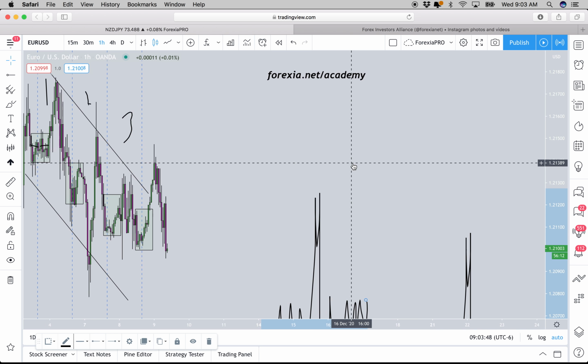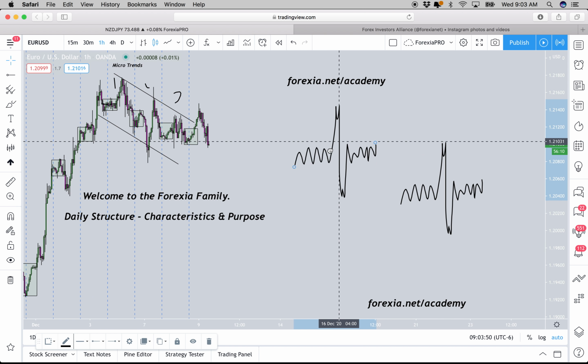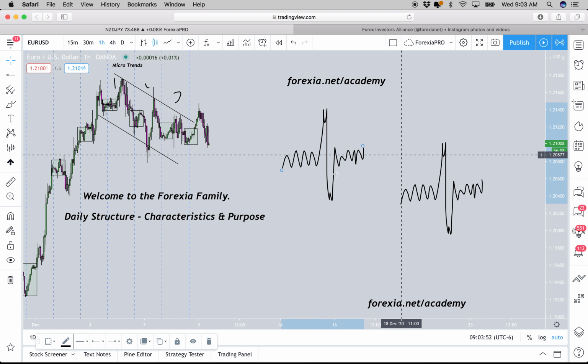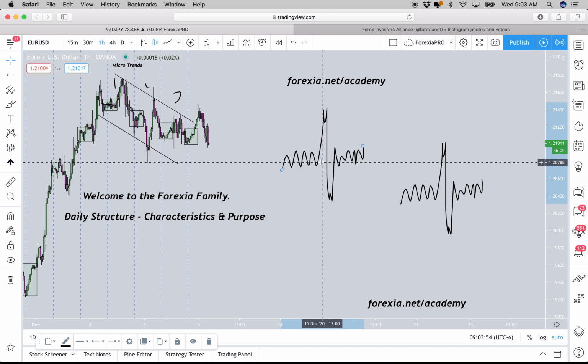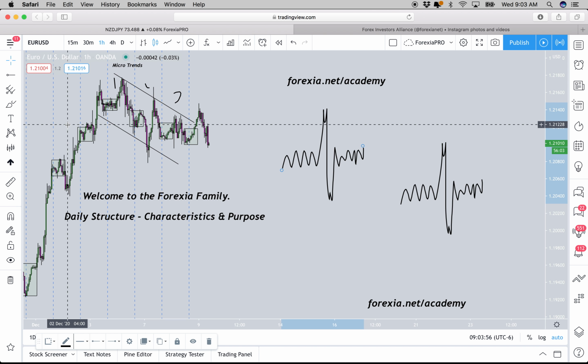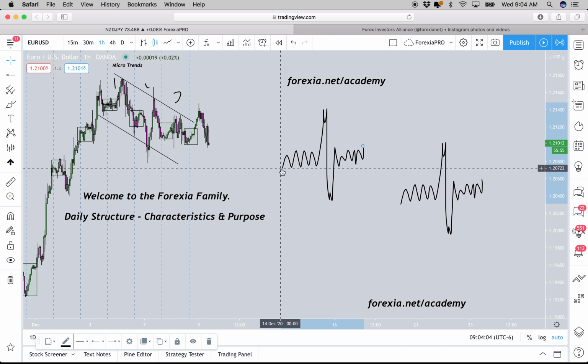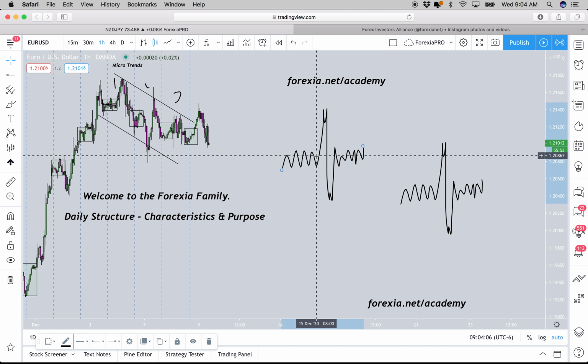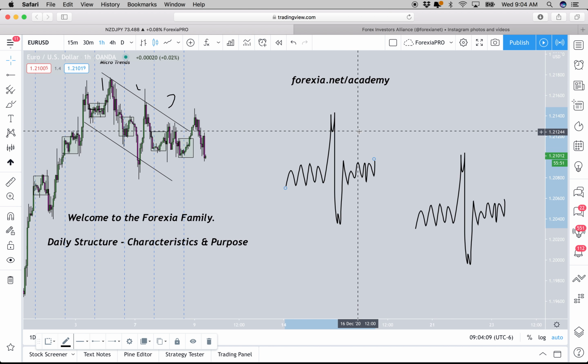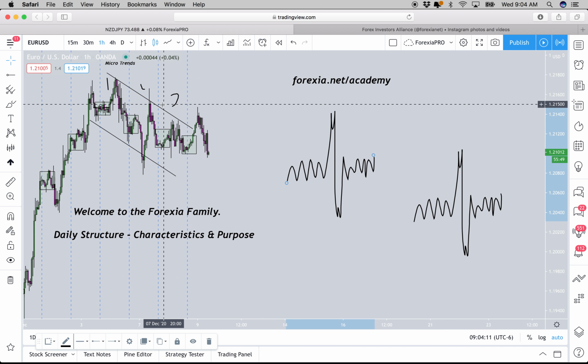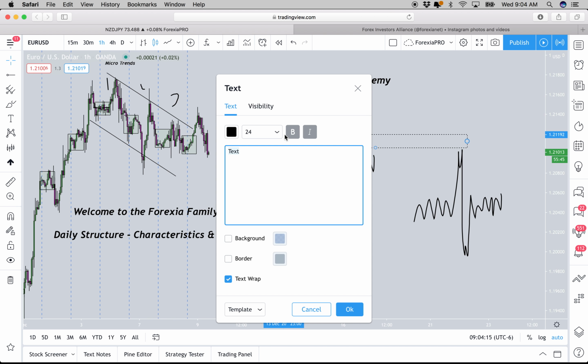This daily structure has characteristics, and these characteristics are actually emulated or reflected by the sessions that play out on a daily basis. So what are the 3 main sessions? I know there's more than 3 sessions in Forex, but we go over 3 main sessions.